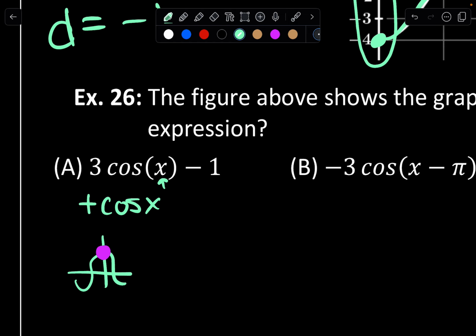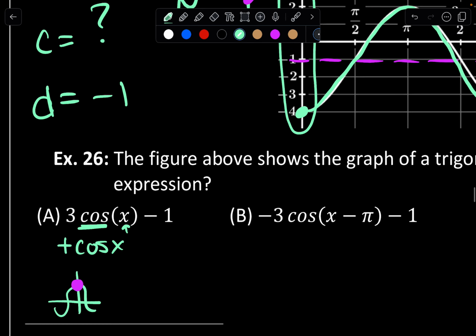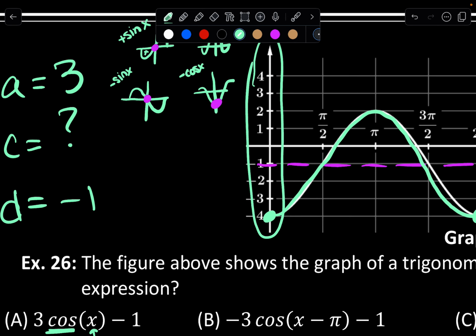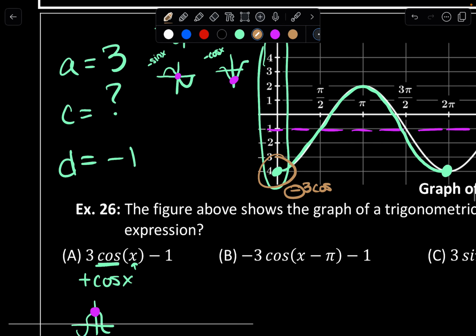We didn't shift off of the y-axis, so if I look at the y-axis, there should be a maximum because this function is positive cosine. I do not see a maximum here, so this choice is false. I see a minimum, but to use that minimum, it would have to be -3 cosine, with that negative showing the vertical reflection. So the answer is not A.